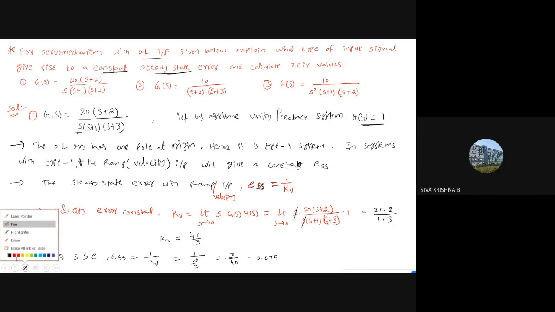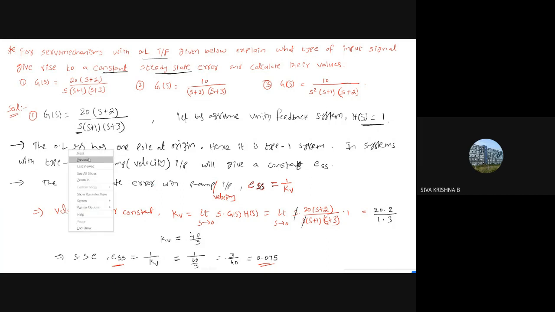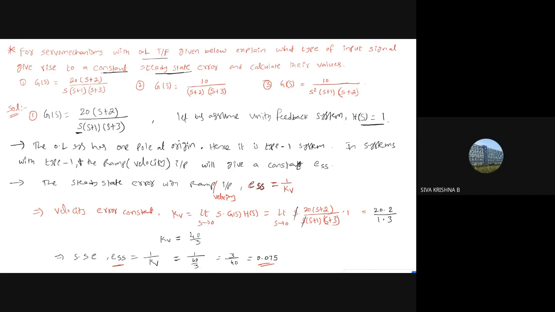Okay, done. Next, similarly for the second question. They are asking the same thing: what type of input signal gives rise to a constant ESS? For the first question it was type 1, so if you apply a unit ramp input, you will get the constant ESS. Similarly, what is the type of the second question? Let us go back and look at G(s). I am asking the type number. The second one is type 0.